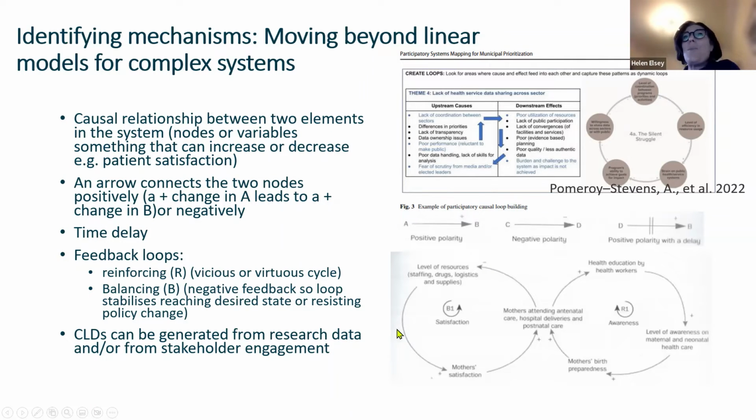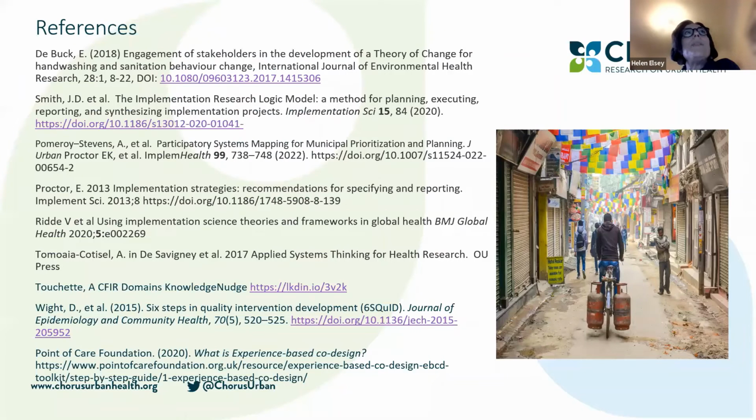Reinforcing is where there are feedback loops that keep on making things more positive and your outcomes stronger, but where you have some negative unintended consequences, that can disrupt that and become either balancing or negative. So that's a very good approach for thinking through the complexity.